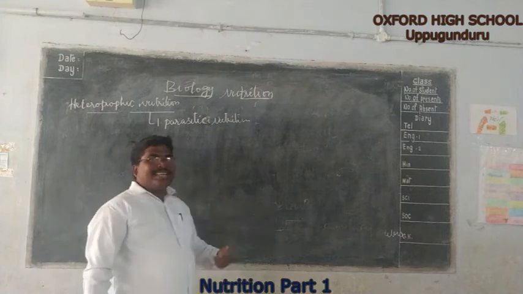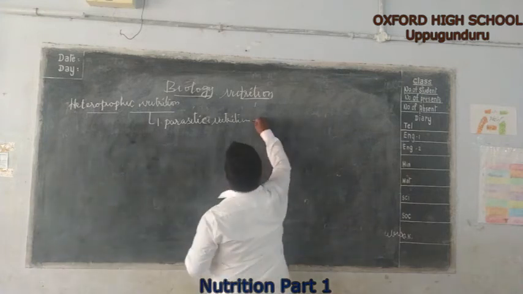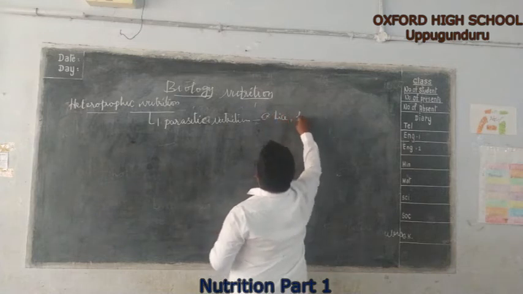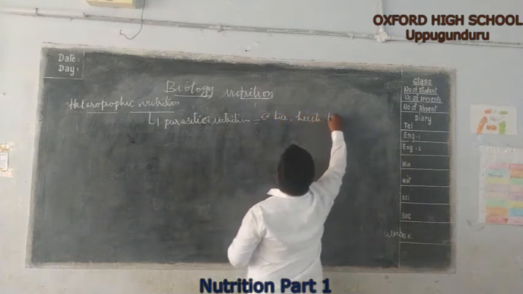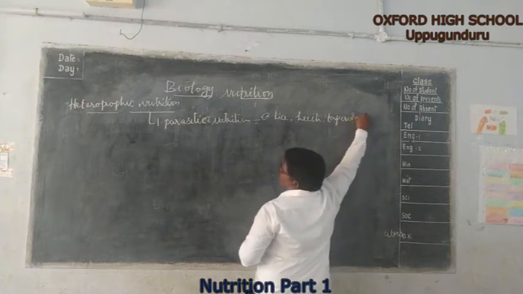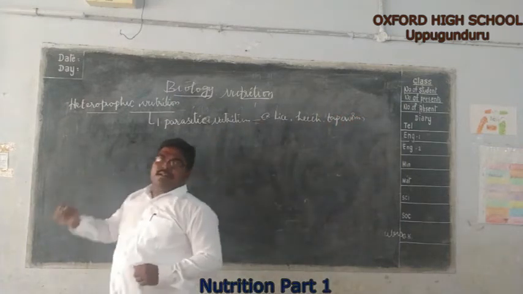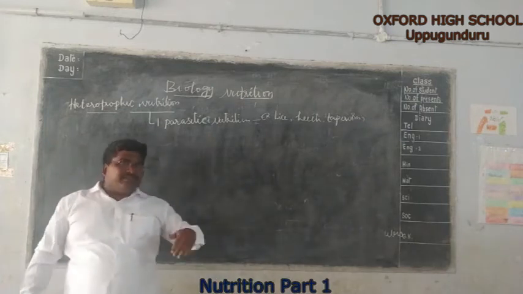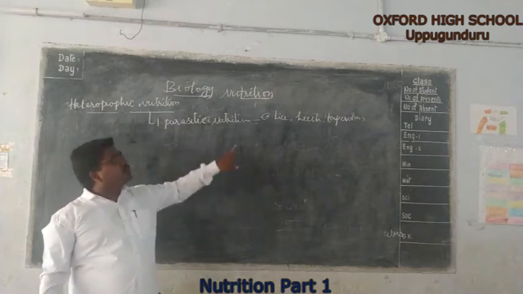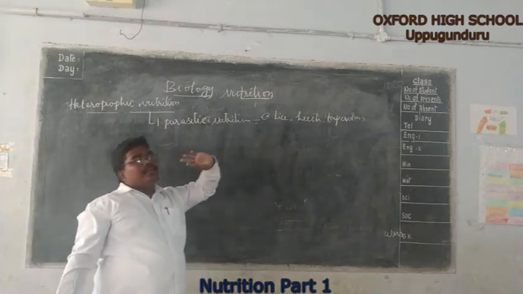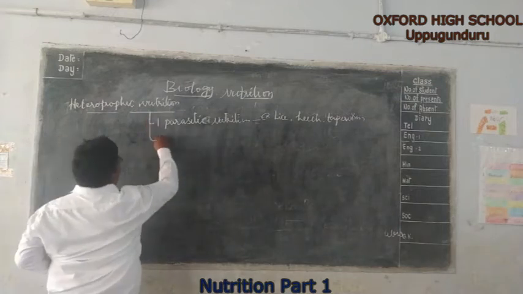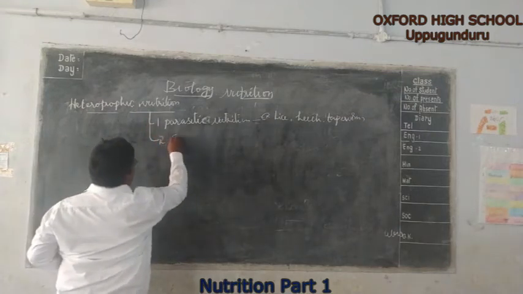So lice, leeches, tapeworms are examples of parasitic nutrition: organisms which derive their nutrition from plants and animals without killing them. And another one is saprophytic nutrition.